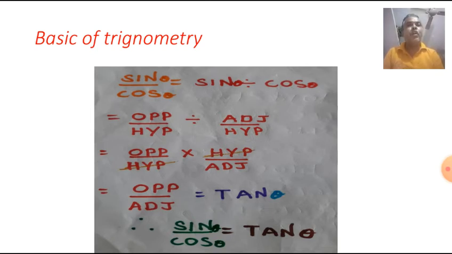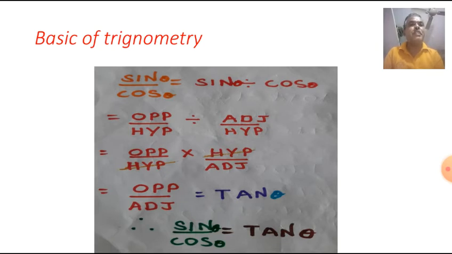I wrote opposite by hypotenuse as it is and I replaced divided by into. If I replace divided by into, the ratio in front of the divided by interchanges. That means it becomes hypotenuse by adjacent. Here hypotenuse will cancel with hypotenuse. Rest is opposite by adjacent, which is equal to tan theta.